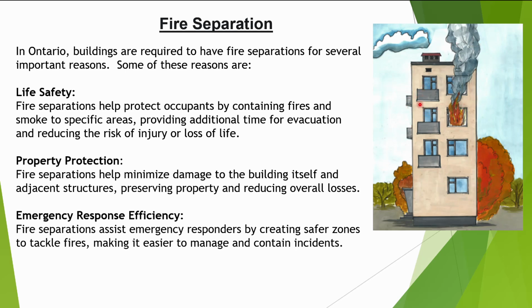That falls under life safety. Now you also want to give the firefighters time to get on site, set up their hoses, and try to stop that fire. Again, that is emergency response efficiency.